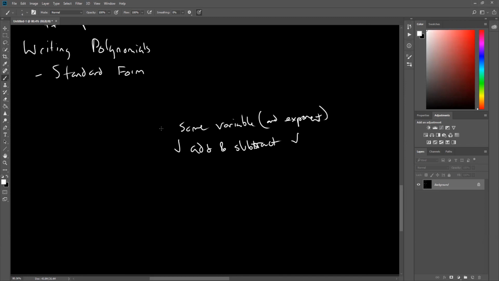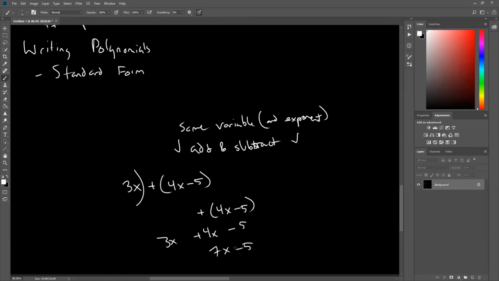When we have something like this, let's just ignore the 3x for now. The plus 4x minus 5. We can distribute this out, so it becomes plus 4x minus 5, right? Because plus times negative gives you negative. And then we can include the 3x again, 7x minus 5.